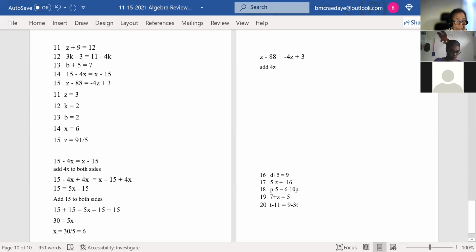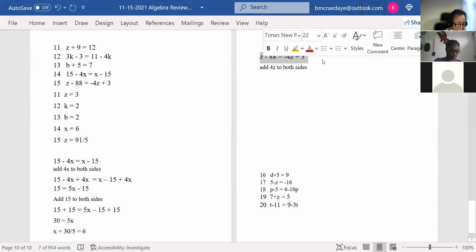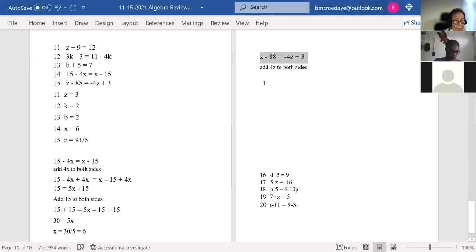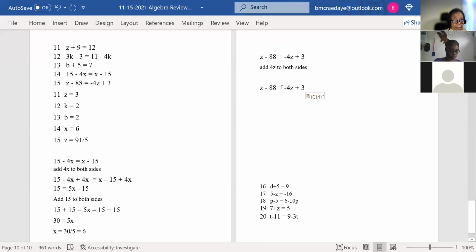So if we add 4Z to both sides, what's a 4Z and a 1Z? 5Z. Right. So we add the 4Z to both sides: 4Z on the left, plus 4Z on the right.